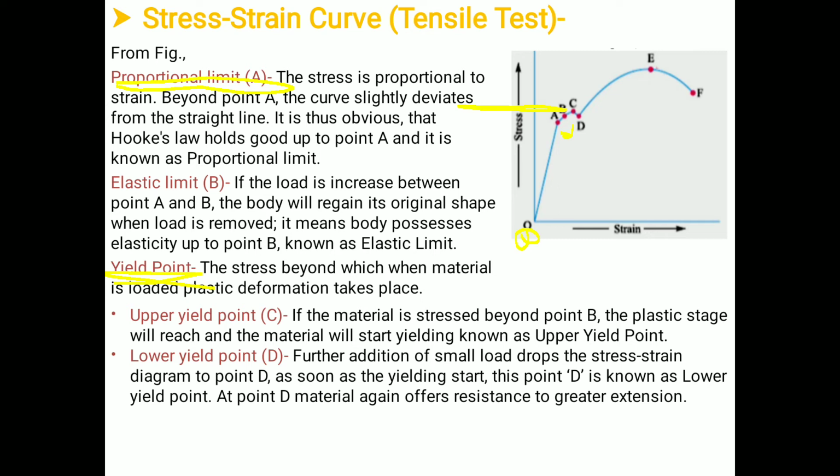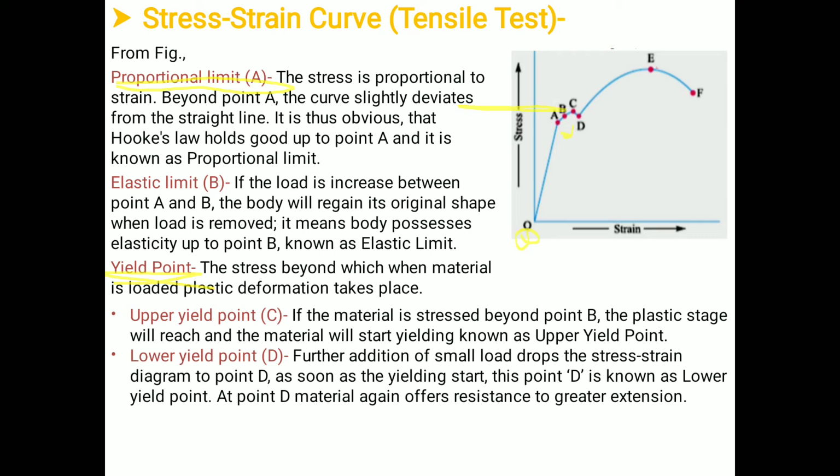From the figure, you can see that if the material is stressed beyond point B, the plastic stage will be reached, and on removal of the load, it will not regain its original shape and size. At that point, for the same value of the stress, the material undergoes large deformation. Remember that beyond point B, the plastic stage will occur.